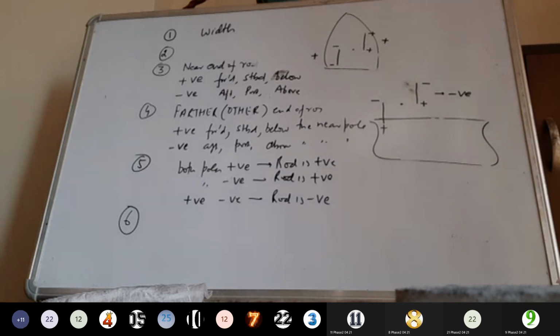Rods are taken as having infinite length, in the sense that only the near pole of the rod will be considered effective.